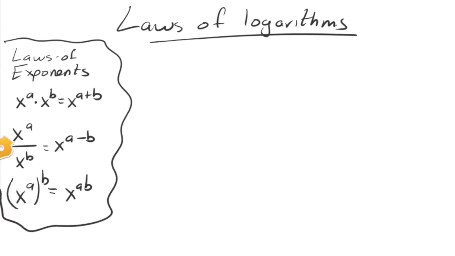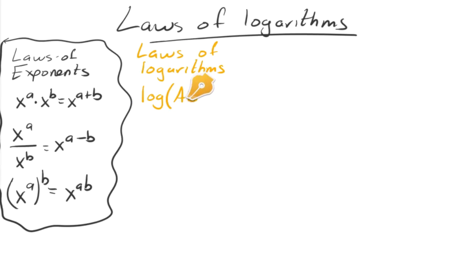Okay, so the laws of logarithms are similar because logs are essentially exponents. So I'll write down the laws of logarithms over here. I'm going to have the log of a times b equals log of a plus log of b. And notice that the multiplication inside of the logs breaks up into addition of the logs.